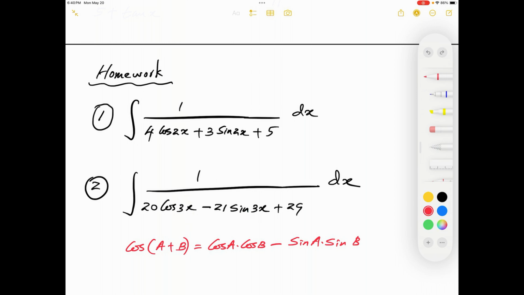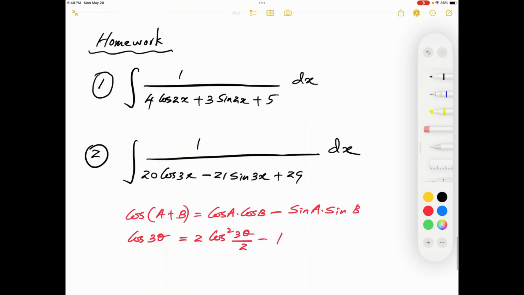Well, if you need a hint for that section, all I have to say is, if you need to write cosine 3 theta, this can also be written using half angles as 2 cosine squared 3 theta over 2 minus 1. That is the same double angle identity used in a slightly different way. The official double angle identity that we need is cosine 2a is equal to 2 cosine squared a minus 1.